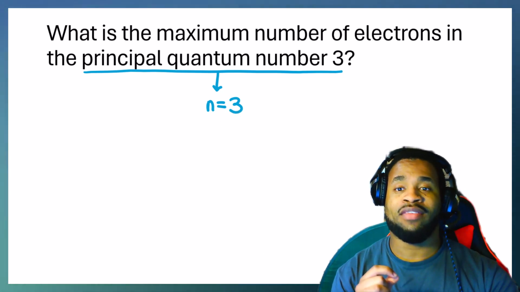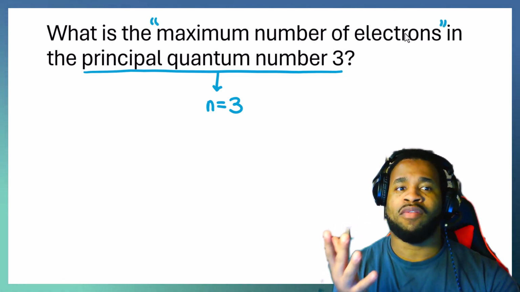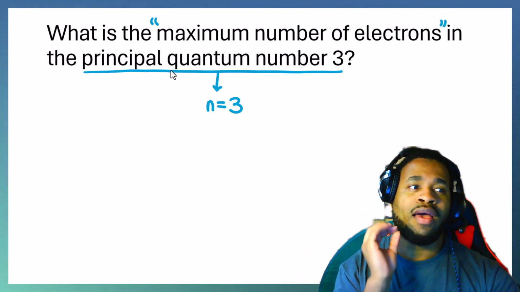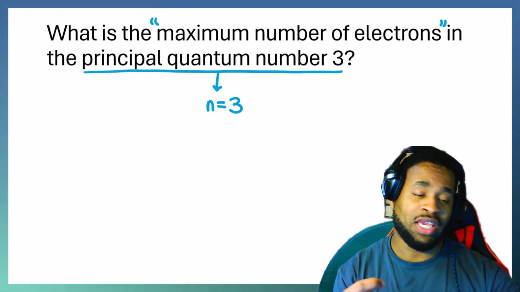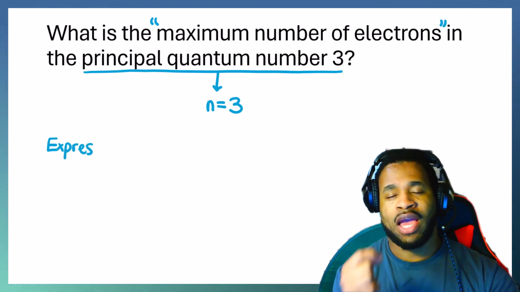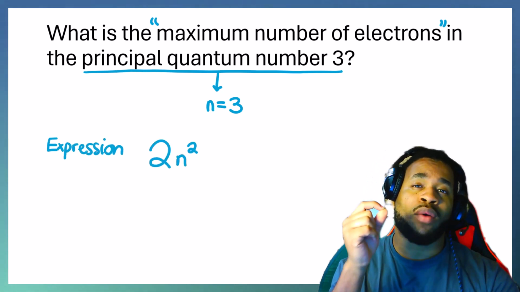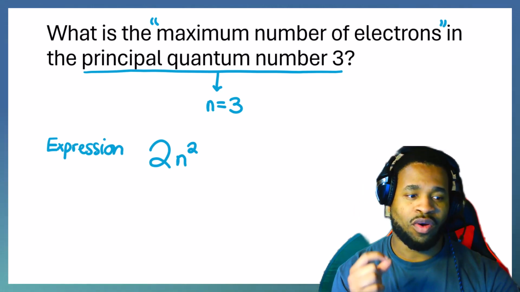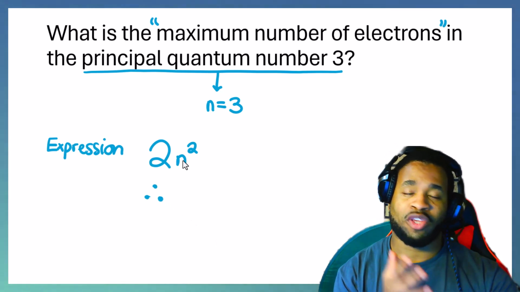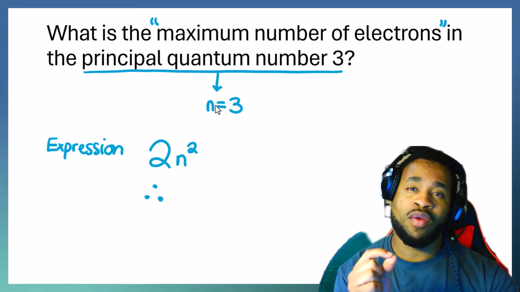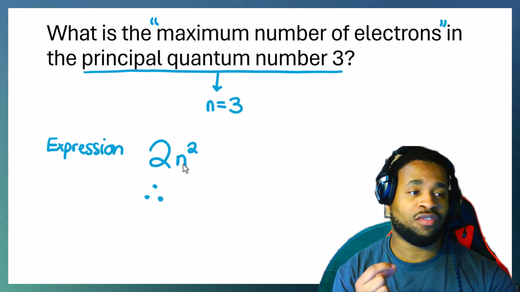Now, when it comes to the maximum number of electrons in that principal quantum number, we need to know the expression, and it is determined by 2 multiplied by n to the power of 2. Once we recognize this expression, we put the value 3 in for n.